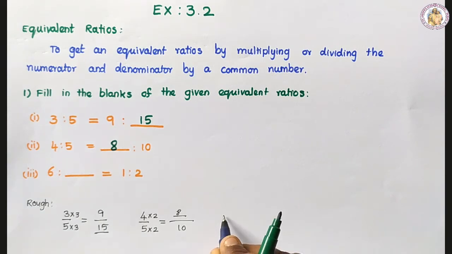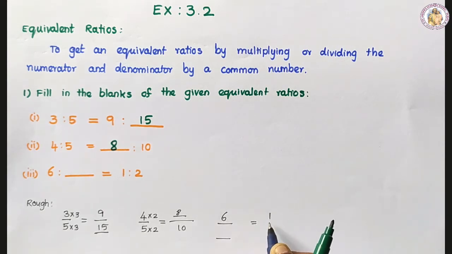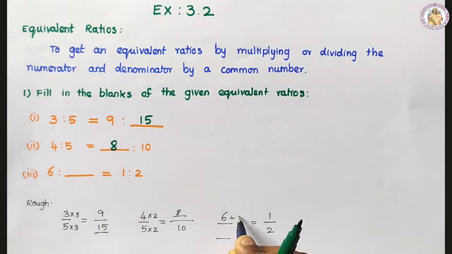6:dash. 6 by dash equal to 1 by 2. 6 divided by some number, we get 1. What's the number? A number divided by the same number, we get 1.